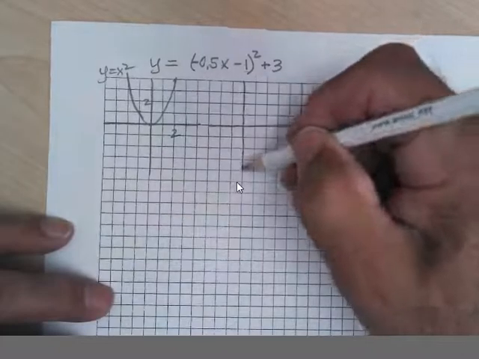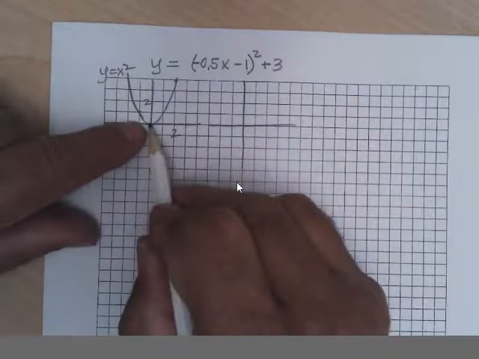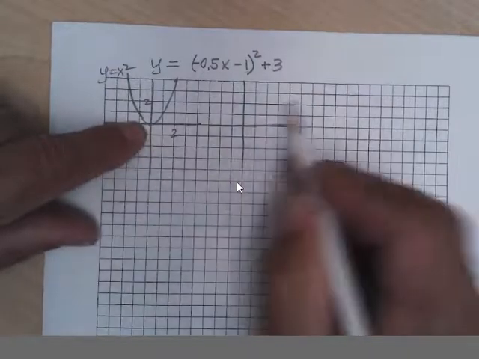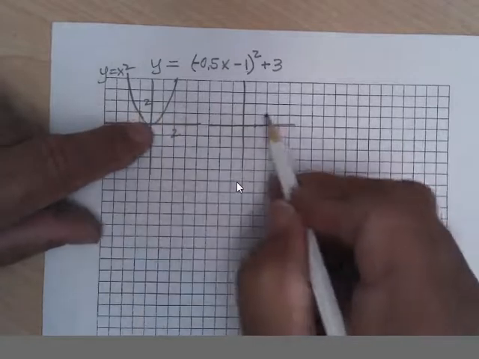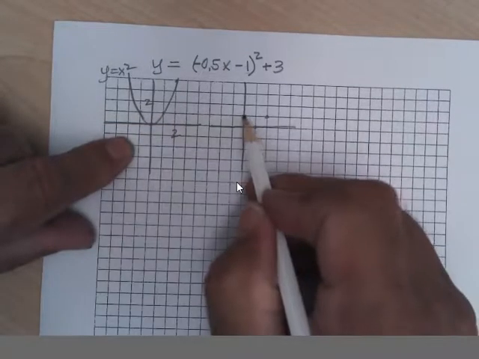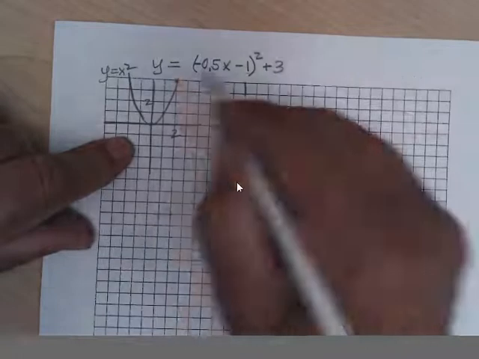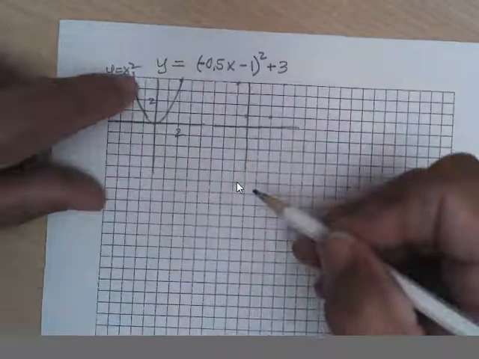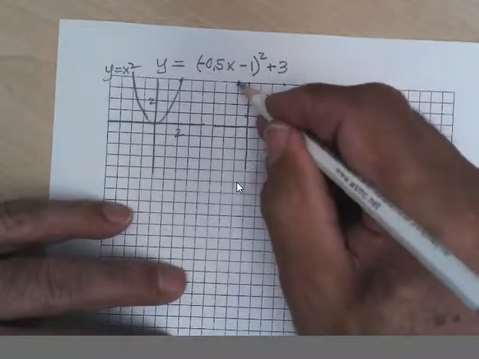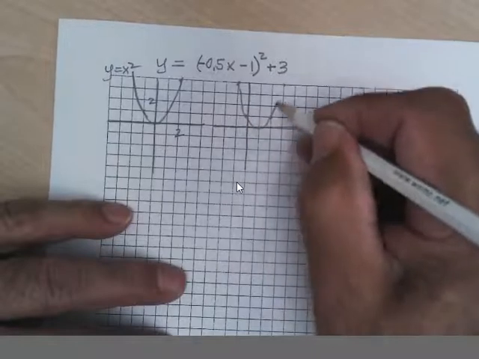So if I draw my coordinates, this gets moved plus 1. That gets moved plus 1. That gets moved plus 1. And that gets moved 1 more to the right, and that one gets moved 1 more to the right. So my parabola goes there.